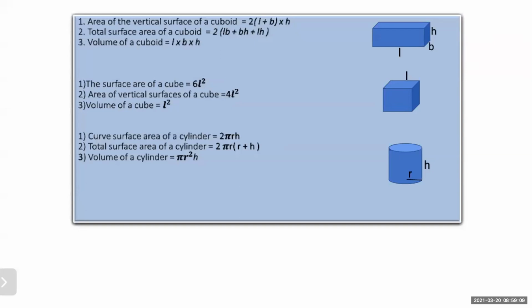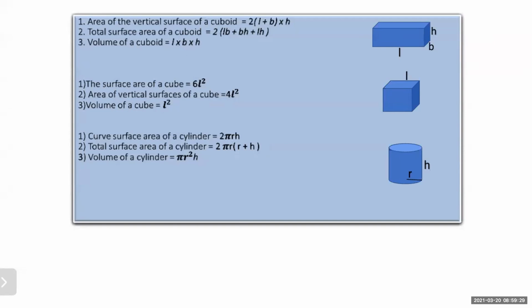Now this you have already done in the previous lecture, when the topic surface area and volume was taught. Now we are just doing a revision. Okay, so these are the formulas of the first part.